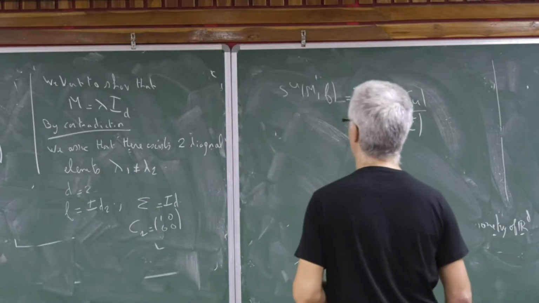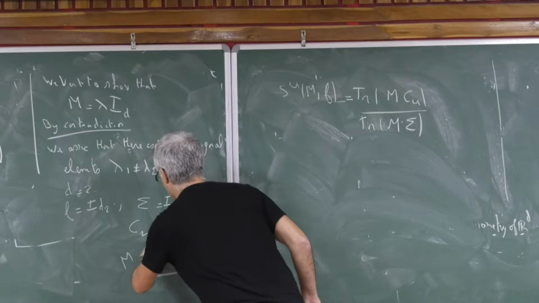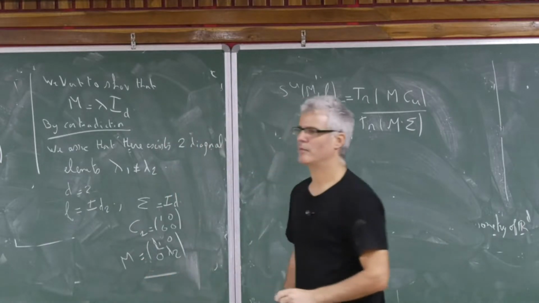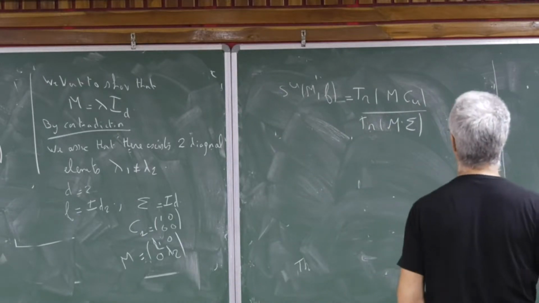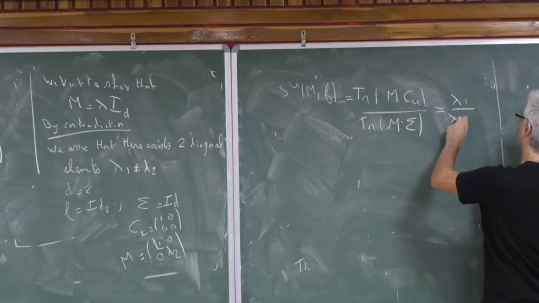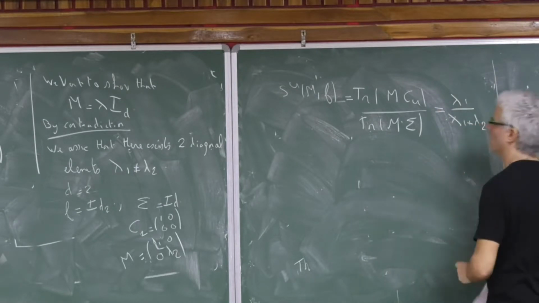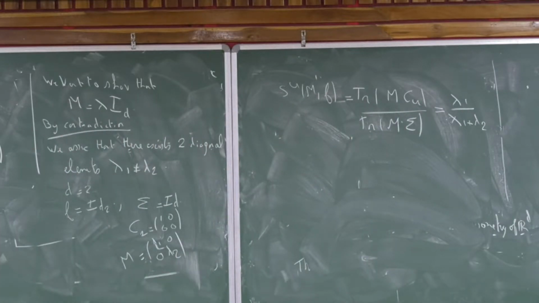I remind you that in that case M is just the diagonal matrix lambda 1, lambda 2, and 0, 0. So what you get obviously is lambda 1 divided by lambda 1 plus lambda 2.